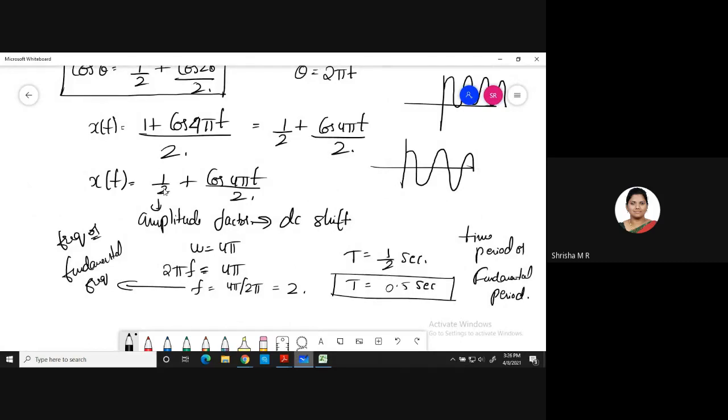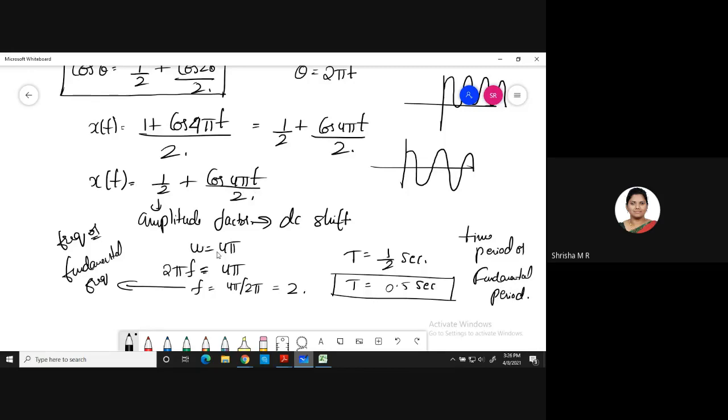So this half is nothing but amplitude factor or DC shift. So it doesn't matter for the fundamental period. If you have half, it is just a DC shift. It has nothing to do with the fundamental period. So go ahead and find the time period for this cos function.